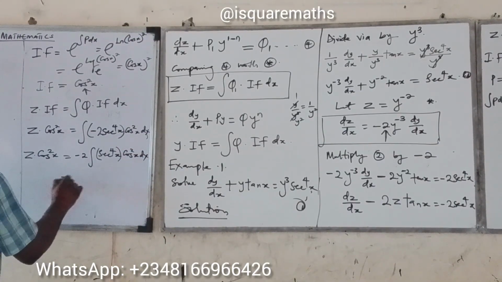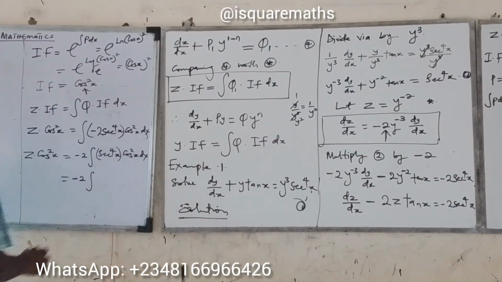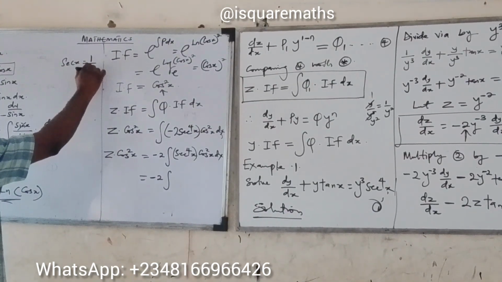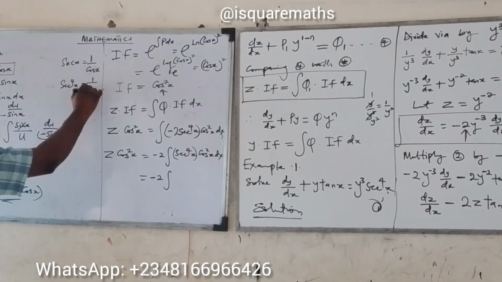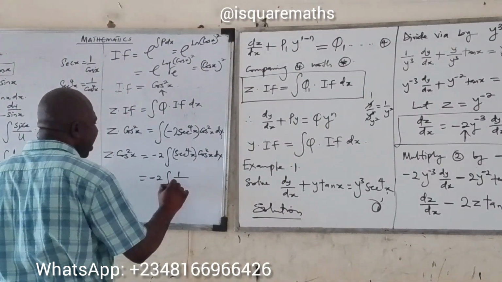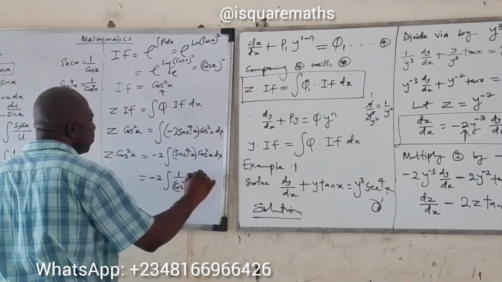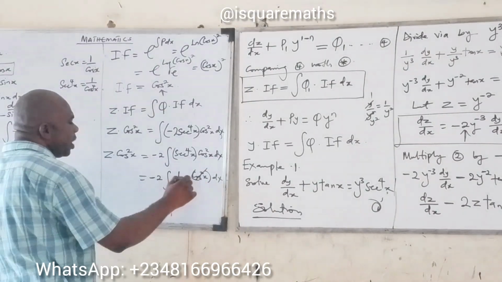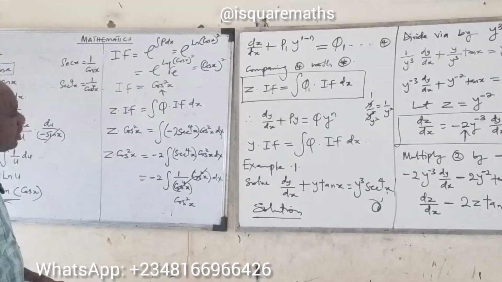Now remember we said sec x is 1 all over cos x, so sec power 4x will be 1 all over cos power 4x. Then here we have cos squared x dx. So this cos squared x will cancel part of this, and we'll be left with cos squared x.